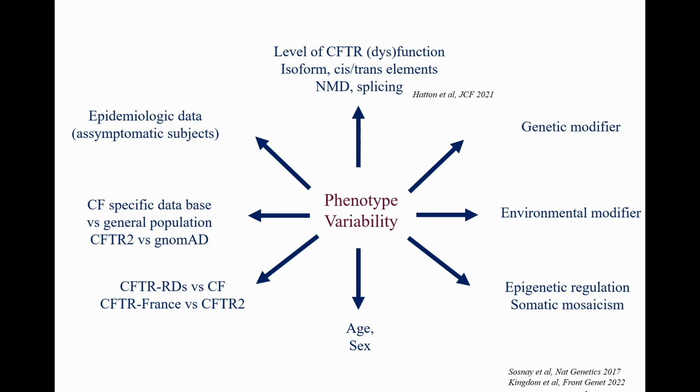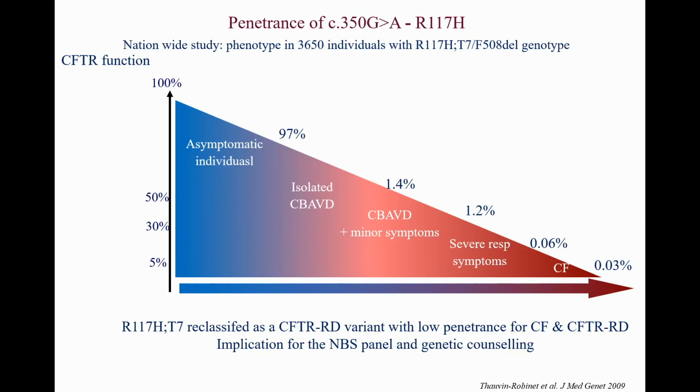But it also depends on the penetrance of the genotypes, which can best be evaluated by epidemiological data, including asymptomatic subjects, or also comparison between CF-specific databases versus the general population, and also comparison between the CFTR-related disorder versus database reporting cystic fibrosis patients.